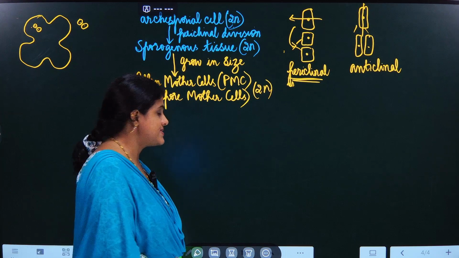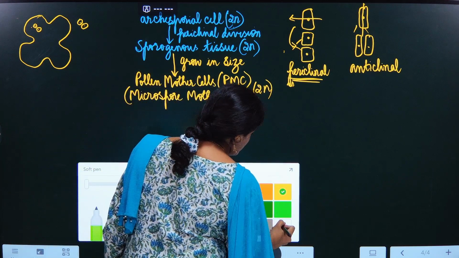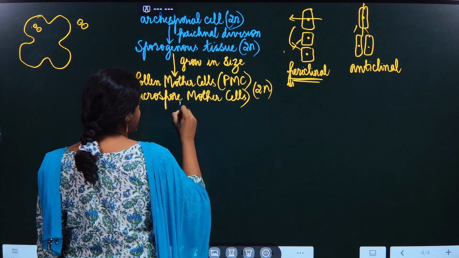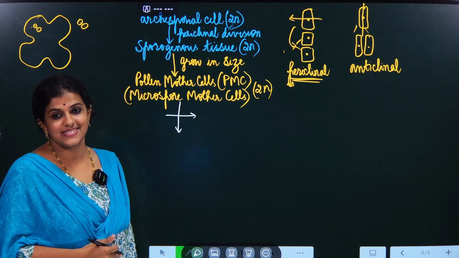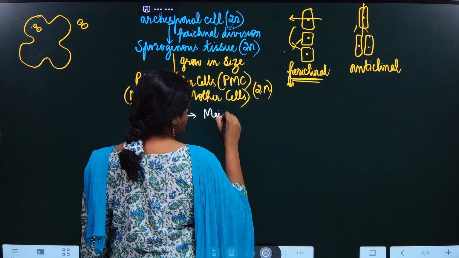Next, what happens? These pollen mother cells will undergo meiosis. How do I represent meiosis when I write a flow chart? Like this. This is how I personally represent meiosis.